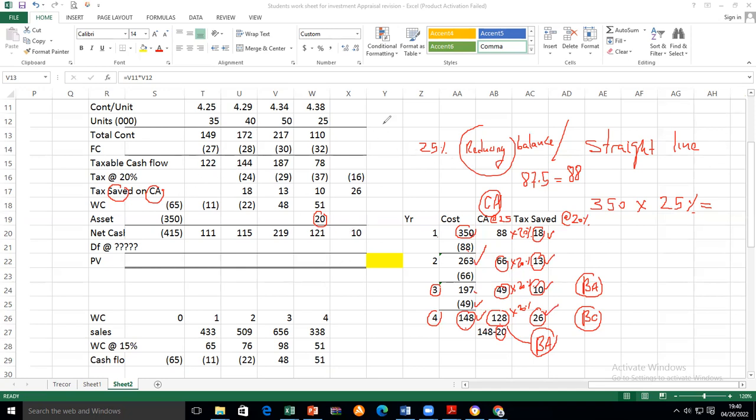The benefits will also be received in arrears. Is that okay?